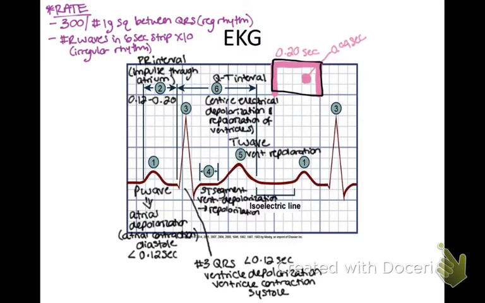If it's irregular, you count the number of R waves in a 6-second strip and times it by 10. Is that good? Okay.